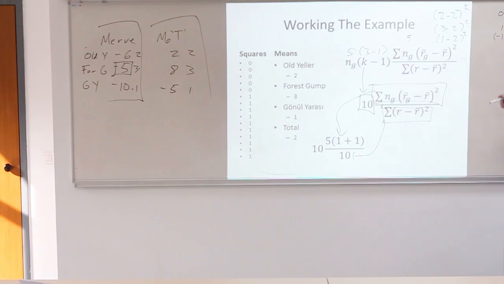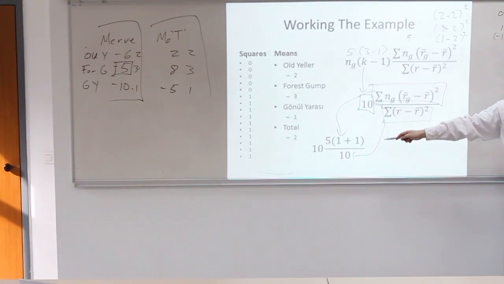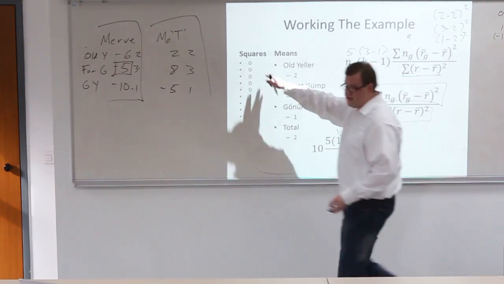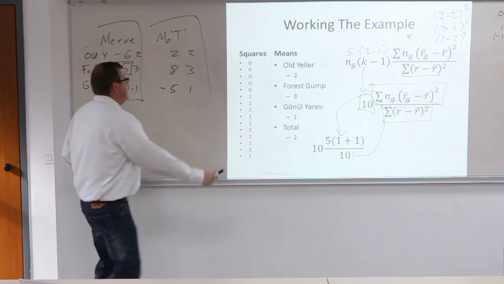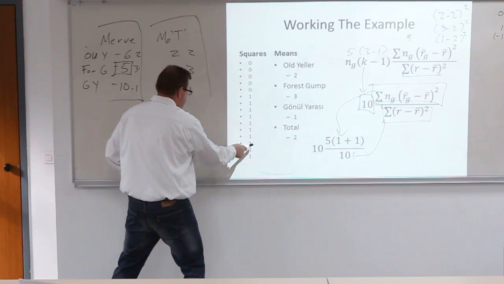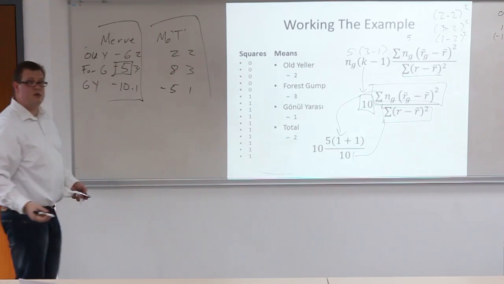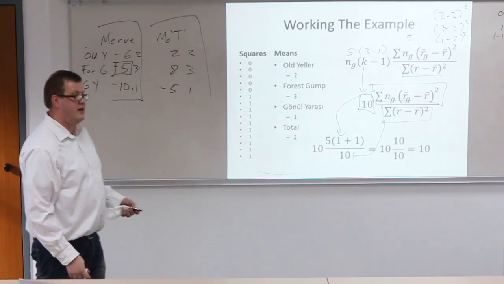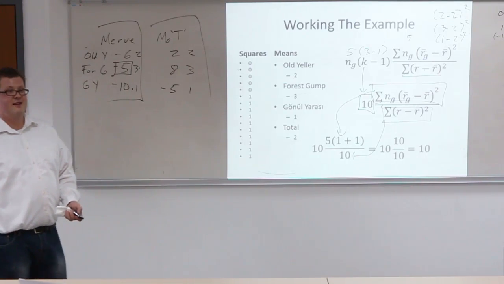So we have 0 plus 1 plus 1, so that's 2 times 5. That's right, so 10 on top. And then the bottom is just the sum of all of these squares: 0, 0, 0, 0, 0, 1, 2, 3, 4, 5, 6, 7, 8, 9, 10. So that turns out to be correct too. So we have 10 times 10 divided by 10 equals 10.